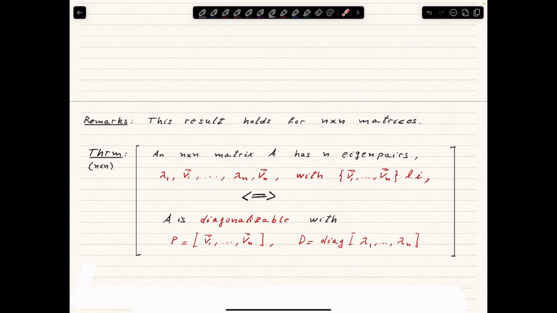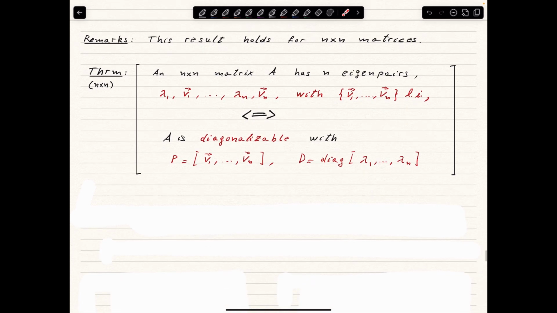And now the condition that the vectors are not proportional to each other is written as the vectors have to be linearly independent. We are going to see what that means. With that condition, this is equivalent to matrix A being diagonalizable with the matrix P containing all the eigenvectors, matrix D diagonal containing all the eigenvalues in the same order.